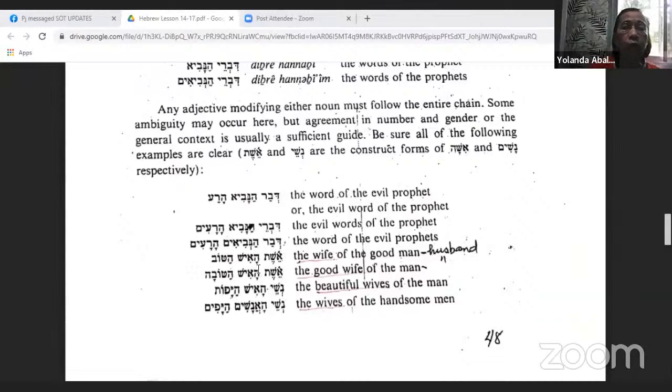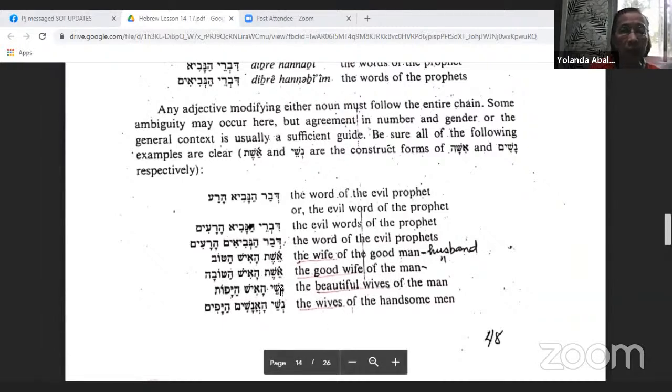So the wife of a good husband. Ishet, the wife. HaIsh, of the man. HaTova, the good. The good wife, sabi niya, of the man who is the husband. The good wife of the husband.